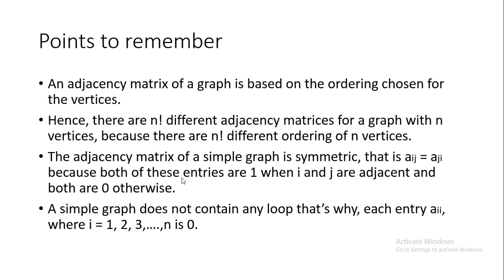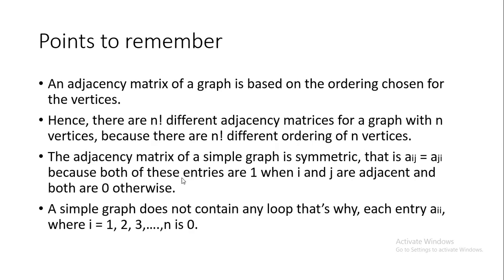Here in this example, I have chosen the order A, B, C, D. You can choose any order, like B, C, D, A or C, D, B, A. Whatever order you want, you can choose. That's why there are n factorial different adjacency matrices for a graph, because there are n factorial different orderings of n vertices.